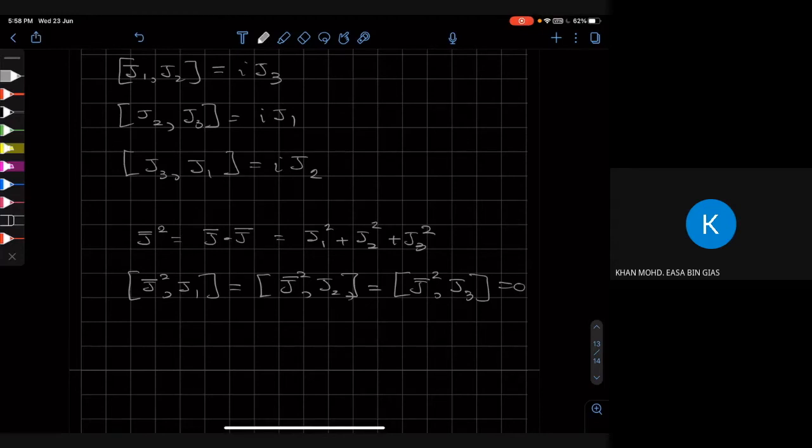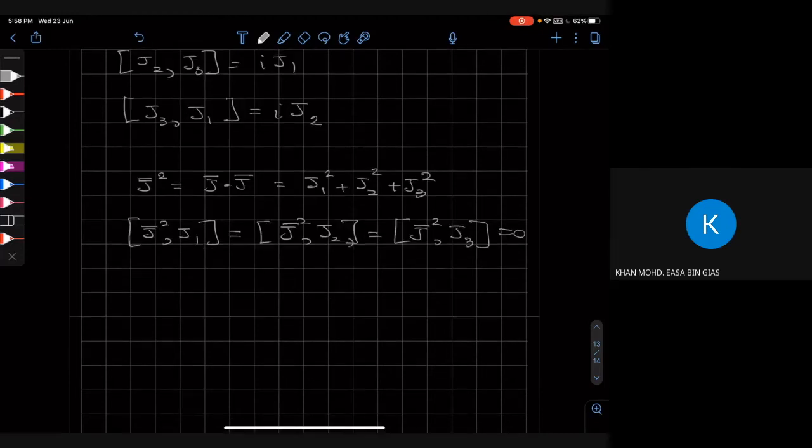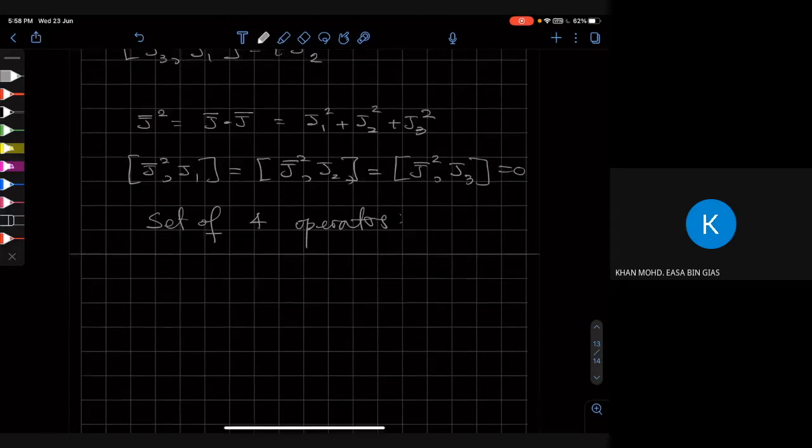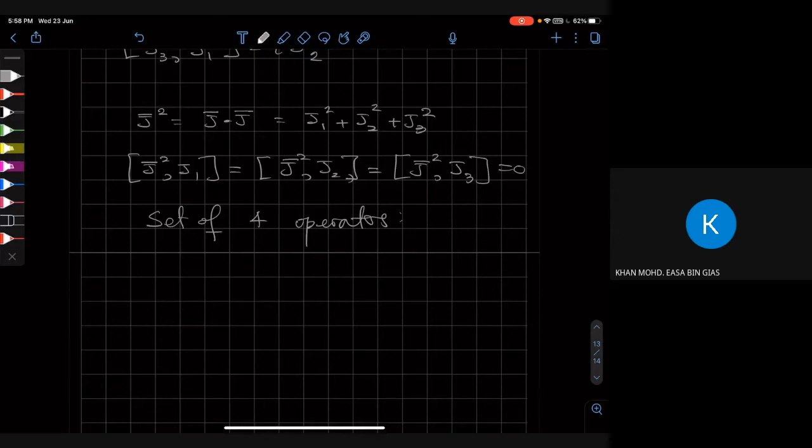So we have a set of 4 operators: J squared, J1, J2, J3. Sometimes I might write Jx, Jy, and Jz.